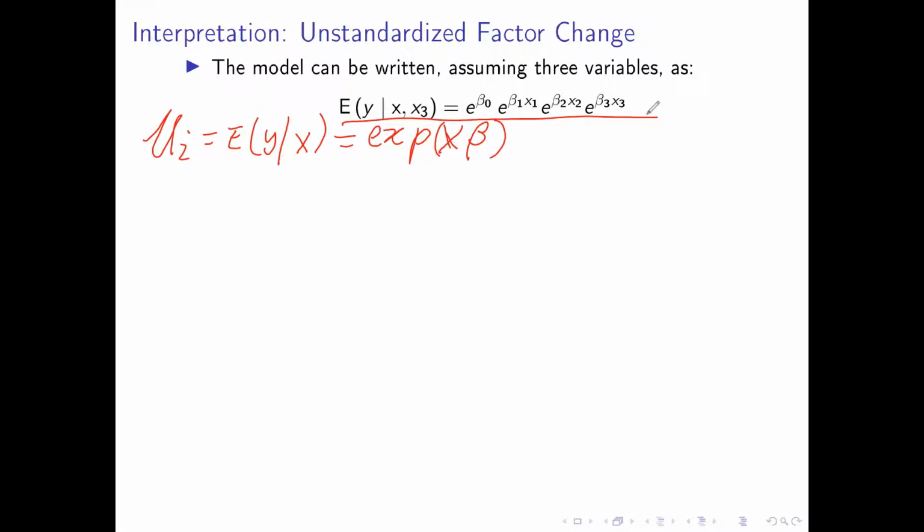And what could be in this x beta? Well, in this 3 variable example, it is the exponential of beta 0 plus beta 1 x1 plus beta 2 x2 and plus beta 3 x3. And it can be written like that, okay?